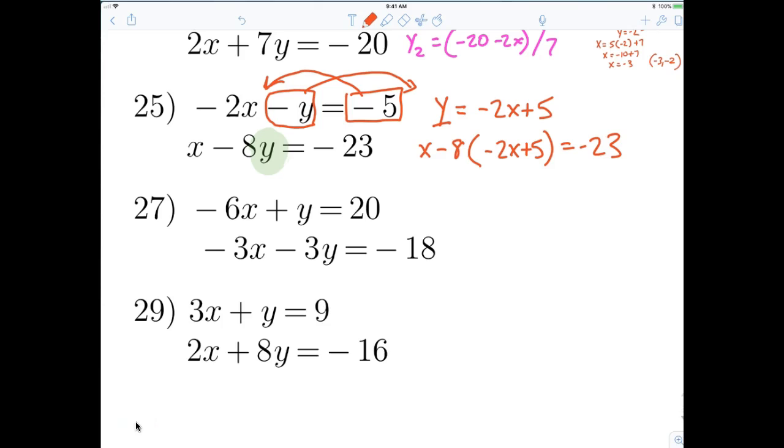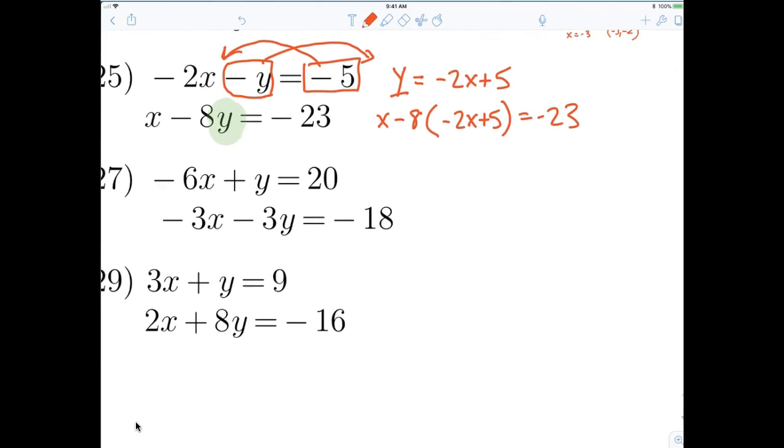All right? Now we have to do the math. So here we go. x plus 16x minus 40 equals negative 23. 17x minus 40 equals negative 23. Is that good so far? Yes. 17x equals 17. So x equals 1.